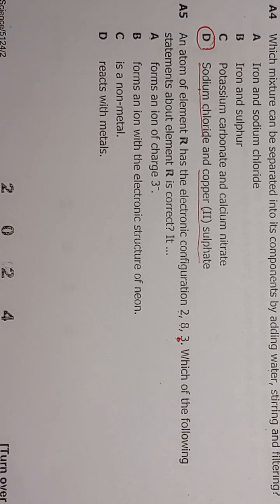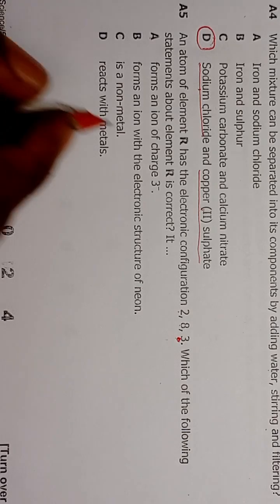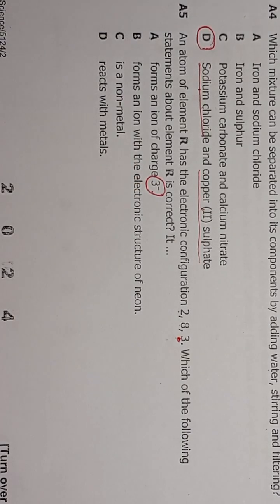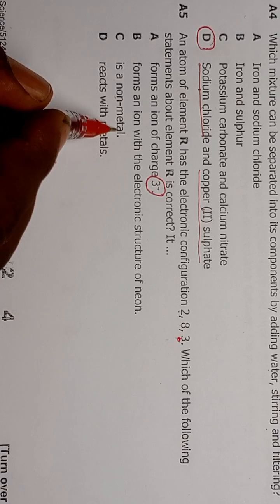So now let us look at the options. It forms an ion of charge 3-. Remember that a metal does not form a negative charge. It forms a positive charge. So option A is not the answer because of this negative. Option C is a non-metal.